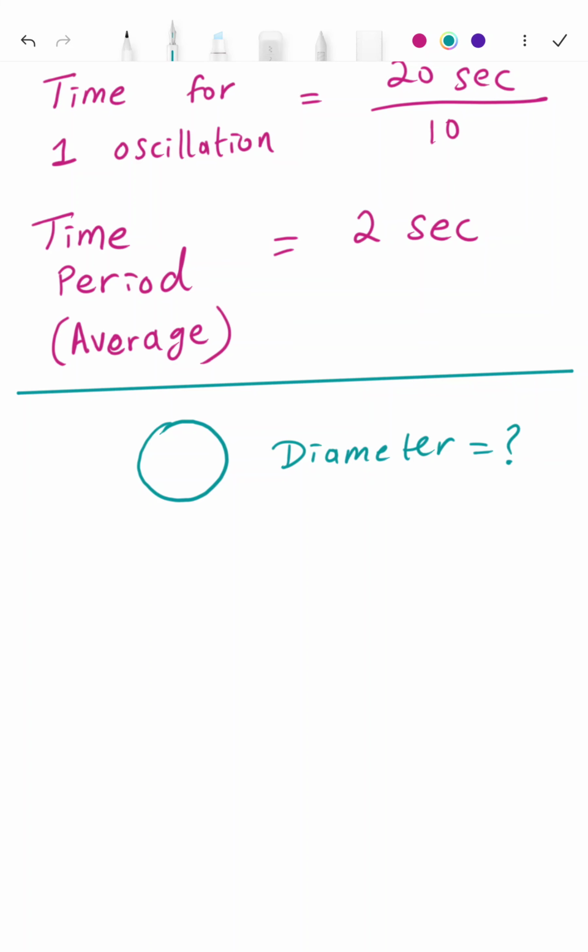How can we measure the diameter of this ball? We know that the diameter is the distance from one end to the other end. So instead of taking the diameter of one ball, we are going to take the diameter of five balls. How are we going to do that? We take five similar balls and place them in a line like this.